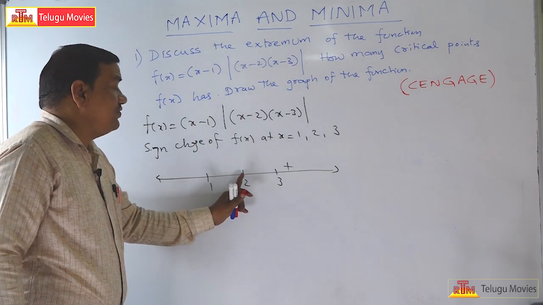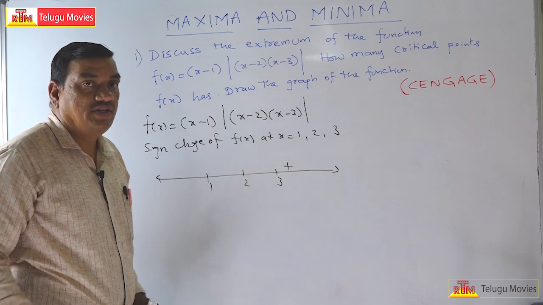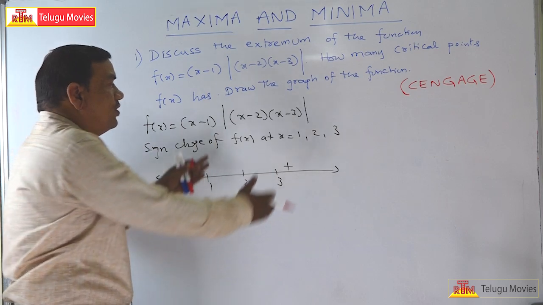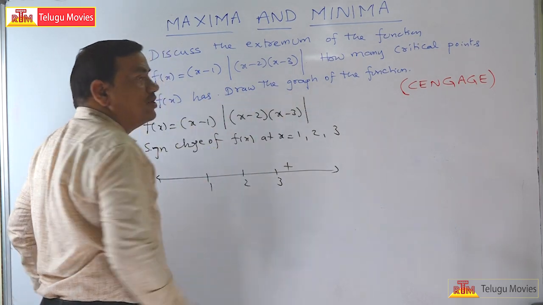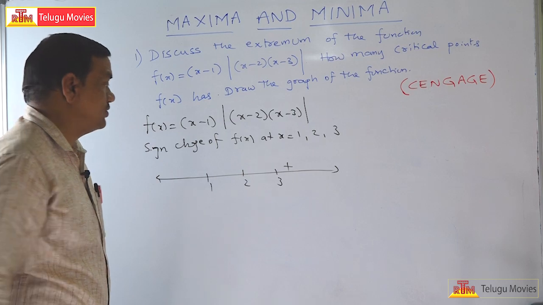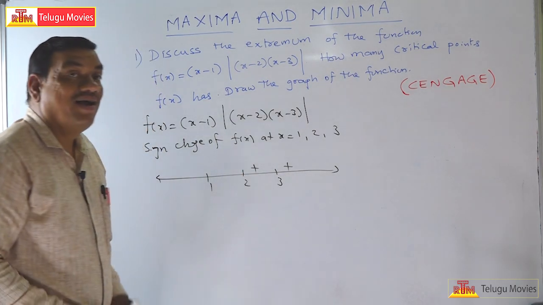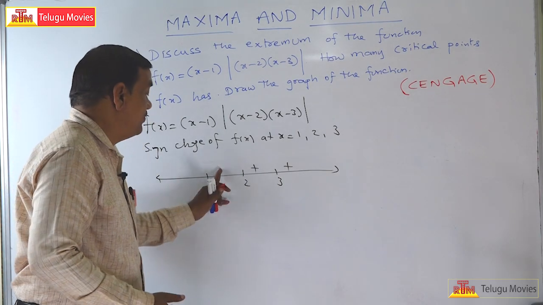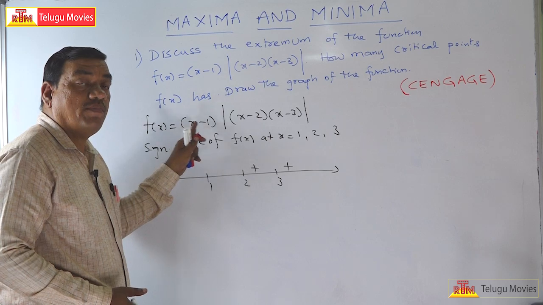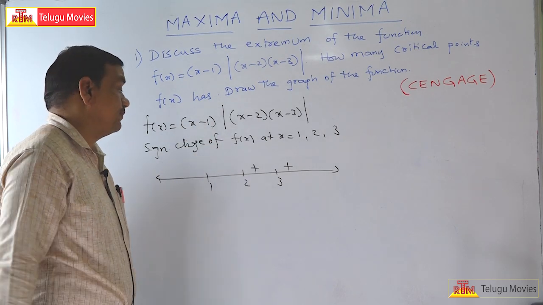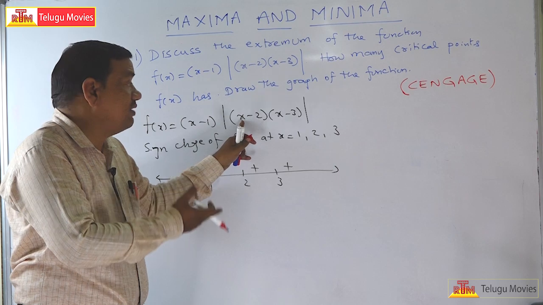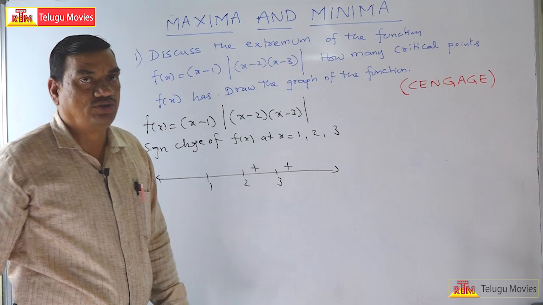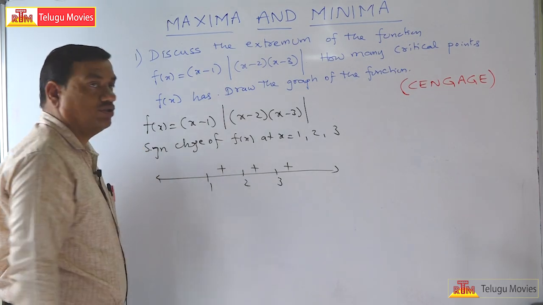If you take any number between 2 and 3, say 2.5, minus 1 is a positive value. The other part is also a positive value, because it is under modulus. If you take any value between 1 and 2, say 1.5, then 1.5 minus 1 is 0.5, positive, and the other part is negative into negative, which is positive, so the whole becomes positive.